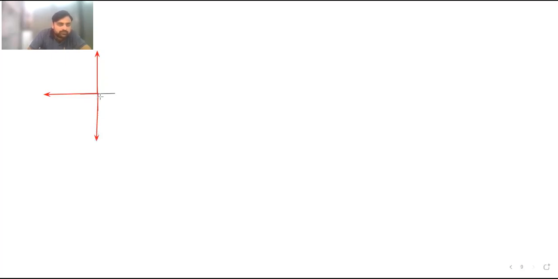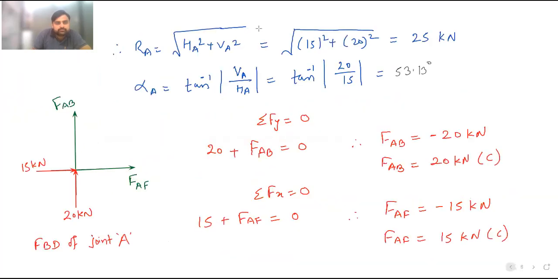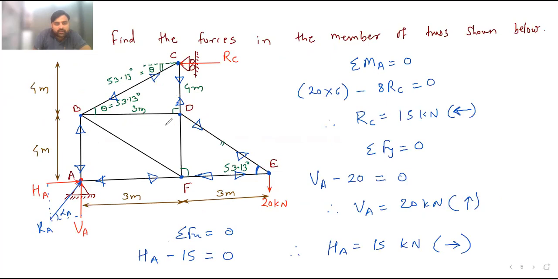DE. It is like this. DE. Okay. So what are the values? See, this is the free body diagram. This is tensile DC, tensile DE, then tensile DB and tensile DF.